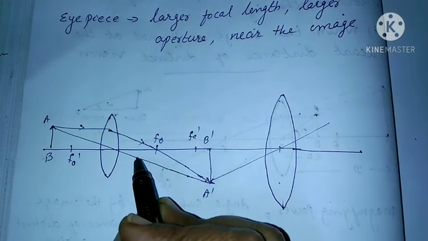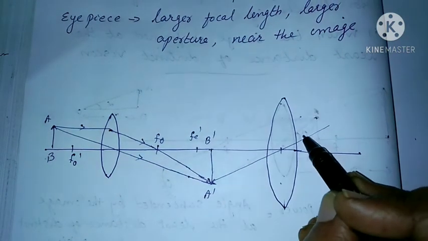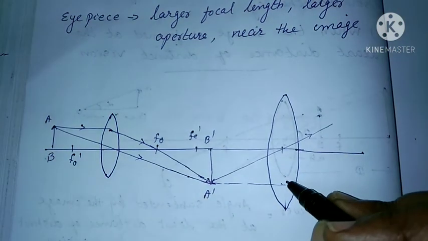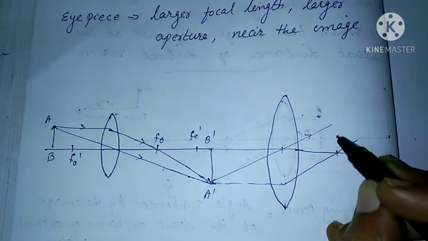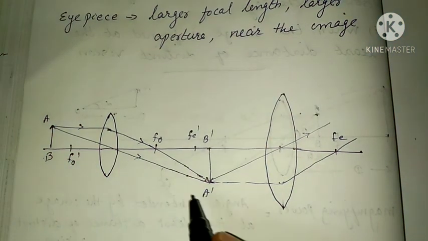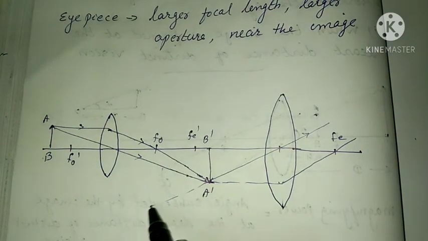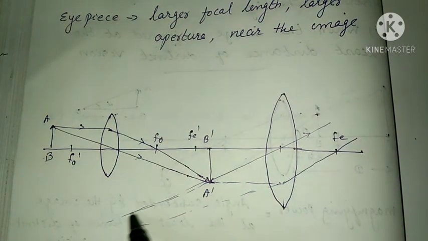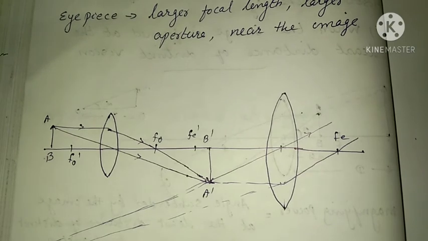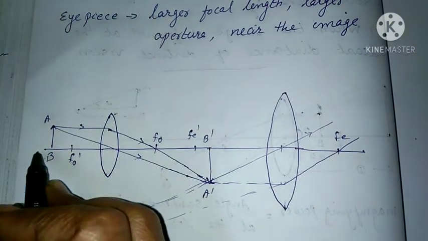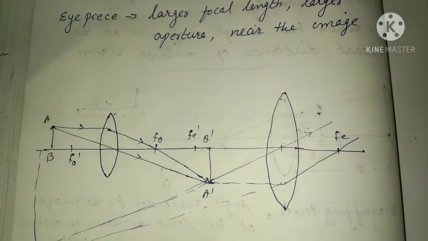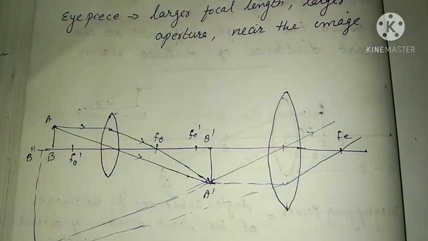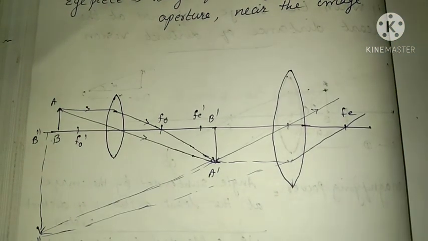So you want to draw the rays with arrow marks. Then another ray, after refraction, passes through the focus of this eyepiece. Then these two rays meet and we get an enlarged image A dash B double dash. Clear? This is the diagram of the compound microscope.